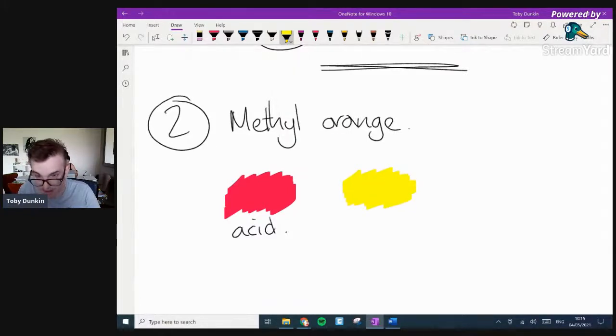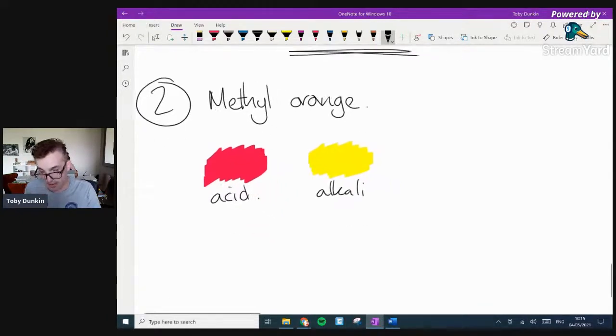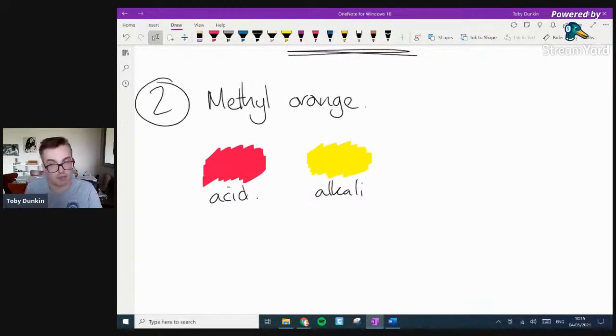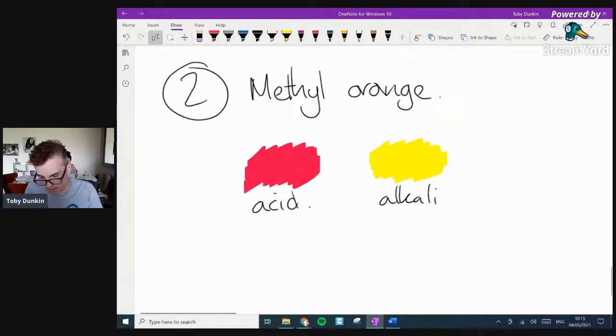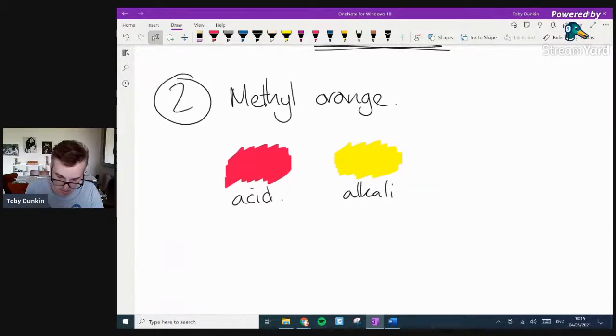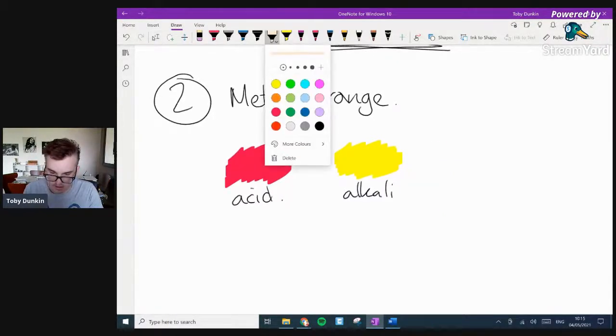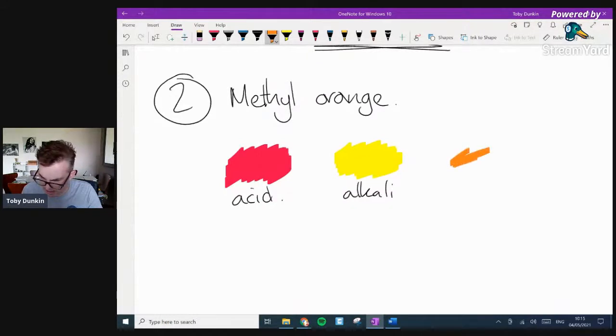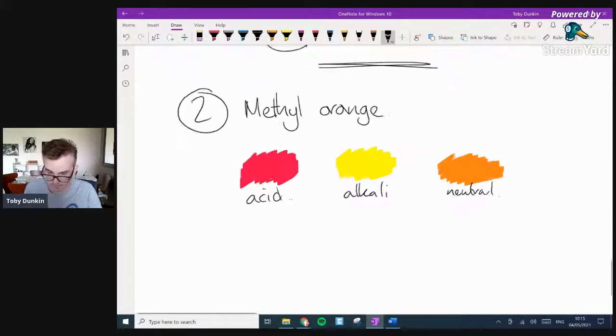You have to know this, by the way, folks. You've got to learn it. Just to let you know, at neutral, it's orange. You very rarely see it as orange. But, yeah, anyway. Neutral, it is technically orange.